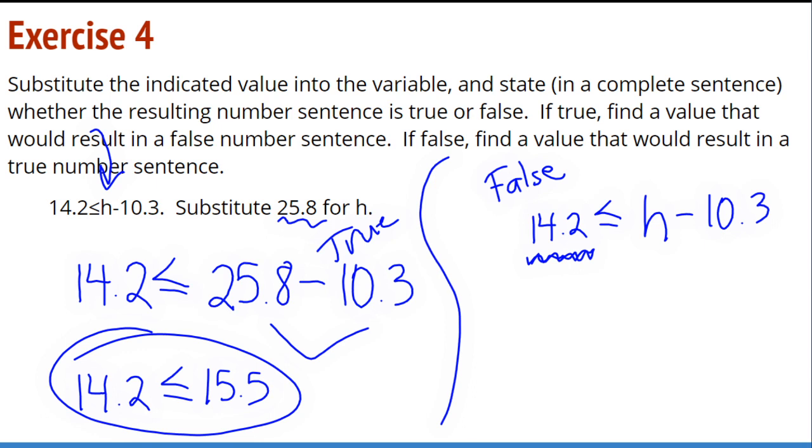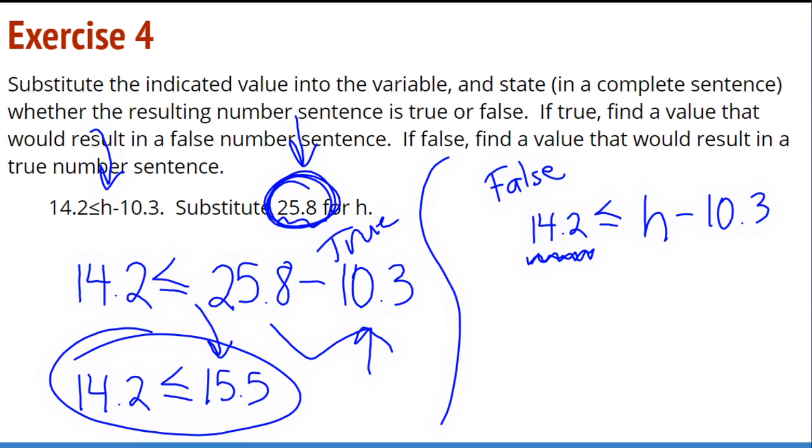Well, when I subtracted 25 and 8/10, I was left with 15 and 5/10. And 14 and 2/10 was less than that. So I'm wondering, should I use a number greater than 25 and 8/10 or a number less than 25 and 8/10? Well, I'm thinking if I do a smaller number than 25 and 8/10, and if I take about 10 away from it, that I will be in a better situation than if I use a bigger number.